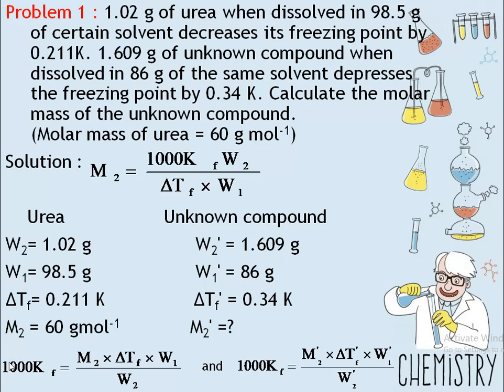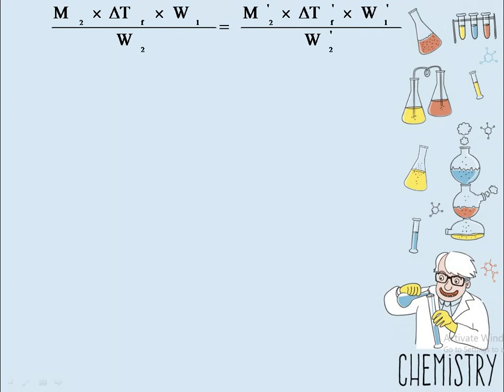As we see, this 1000 Kf and that 1000 Kf are constants, so these two values will become equal. Rewriting this equation we get M2 into delta Tf into W1 divided by W2 is equal to M2 dash into delta Tf dash into W1 dash divided by W2 dash.